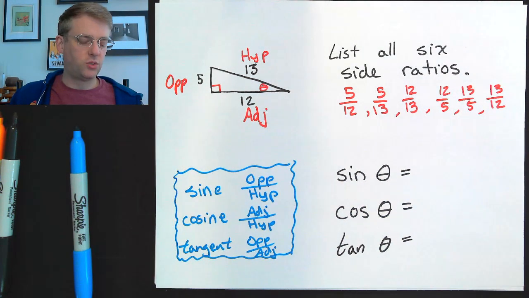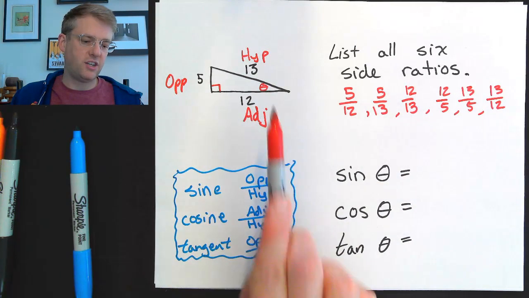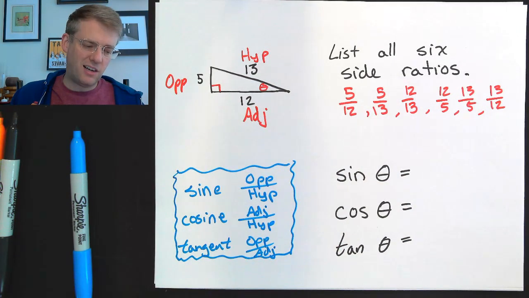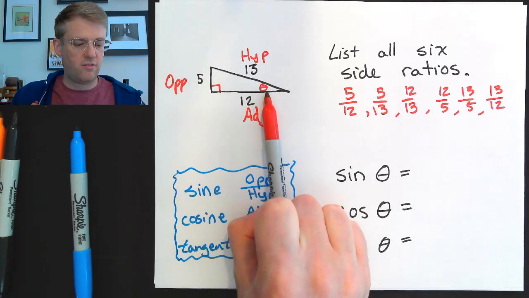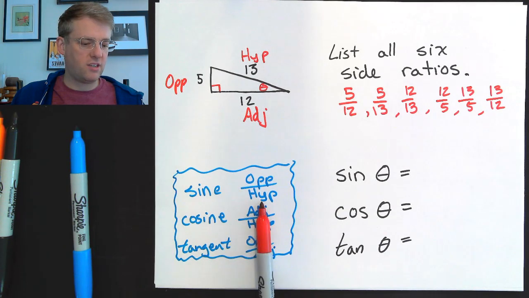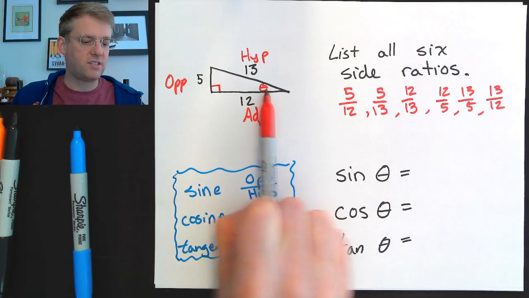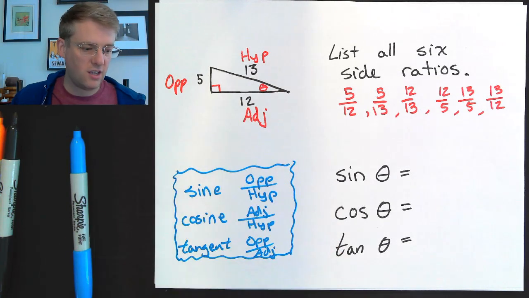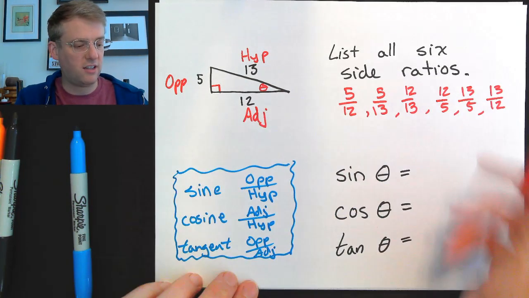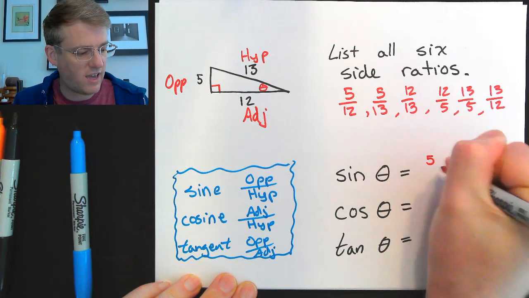Which ones of those are the sine, the cosine, and the tangent of theta? Not necessarily the easiest thing to think up, but let's just think about what the sine of theta means. From here, sine is the opposite over the hypotenuse. So the opposite side is 5, and the hypotenuse is 13. So the sine of this angle is 5/13.